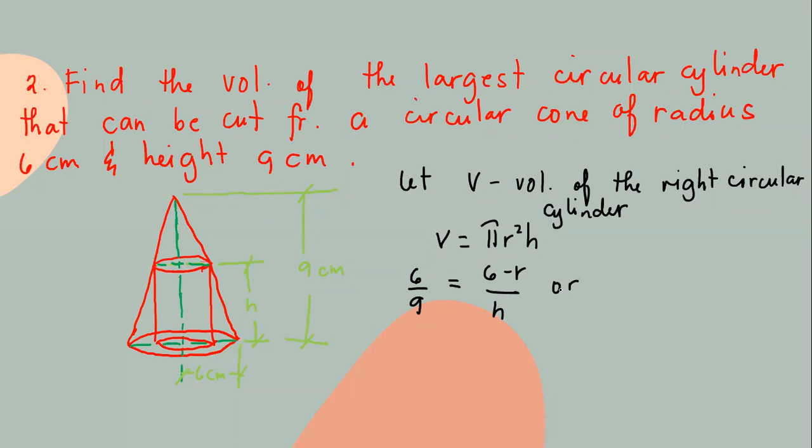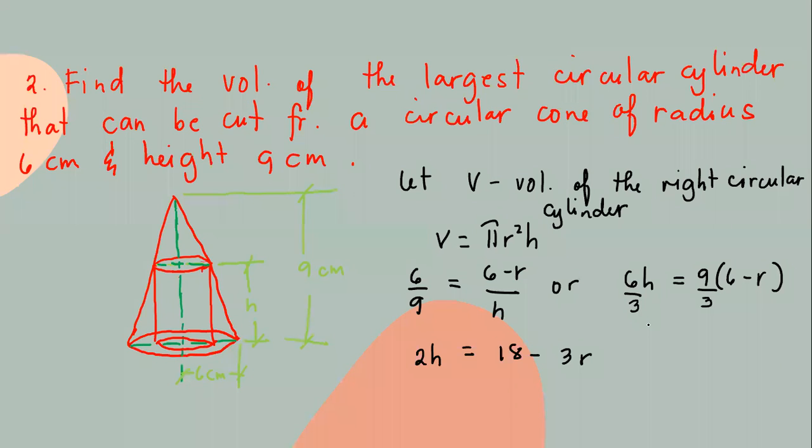Or we have 2h is equal to 18 minus 3r. How did that happen? Cross multiply. You have 6h equal to 9 times 6 minus r. The common factor for 6 and 9 is 3, right?